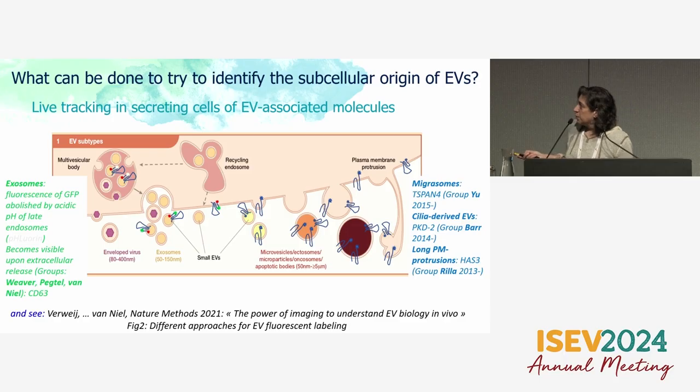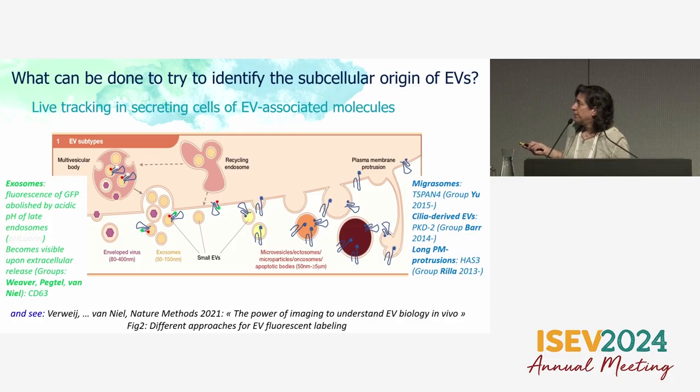Concerning exosomes, there has been a very nice tool generated by the group of Michael Pedertel initially, but then used also by the groups of Alissa Weaver and Guillaume van Niel, etc., which is a CD63 molecule. CD63 is one of the tetraspanins that's often used as a marker of EVs. I'm going to come back to that in the next slide.